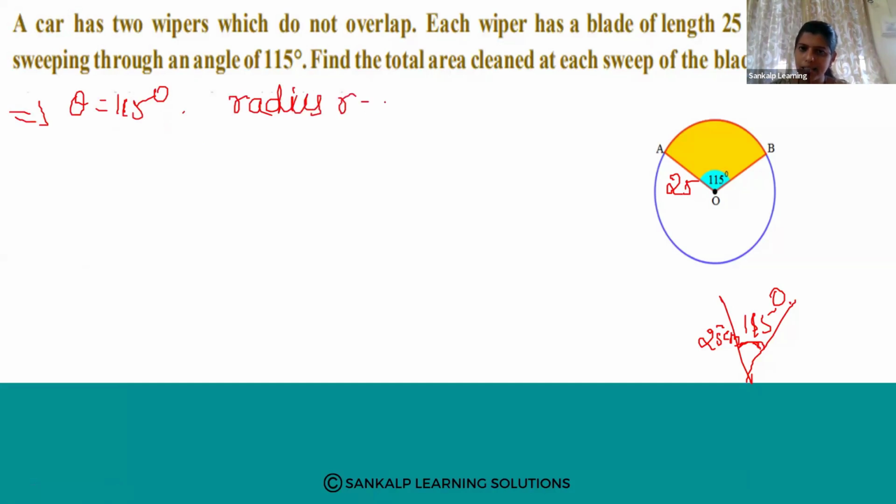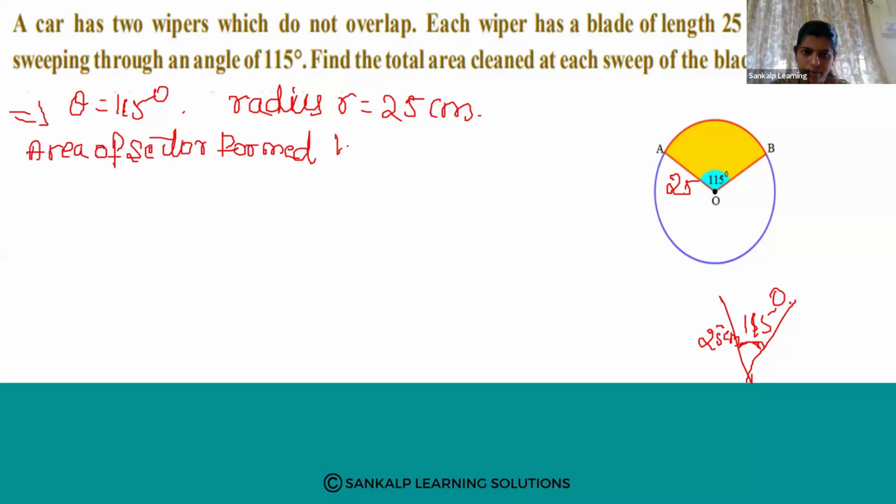So radius r is 25 centimeter. Therefore the area of the sector formed by the wiper is, we know the value of theta and also we know radius r. Then you can easily find out the area of the sector.